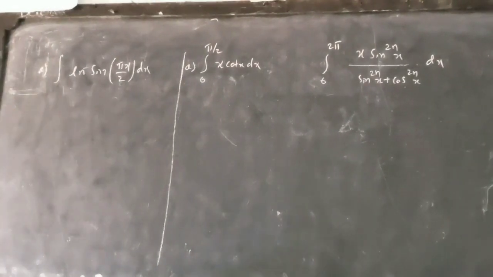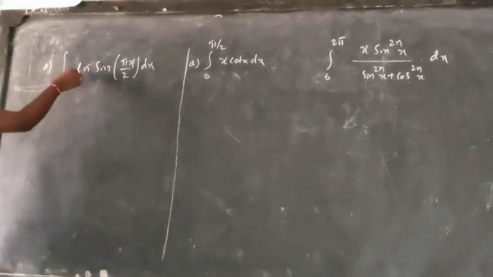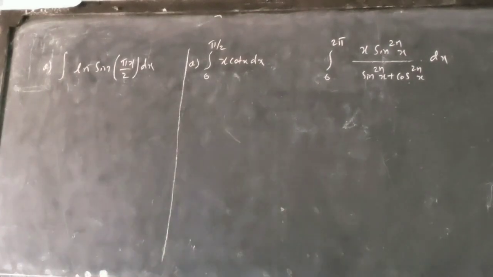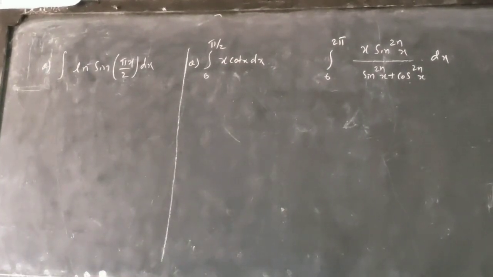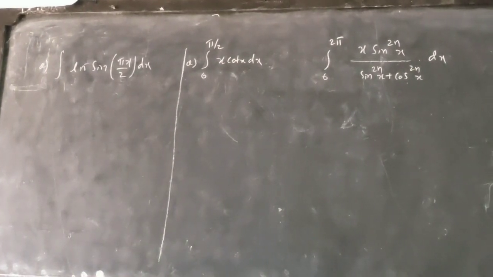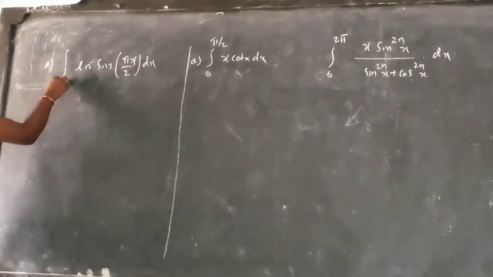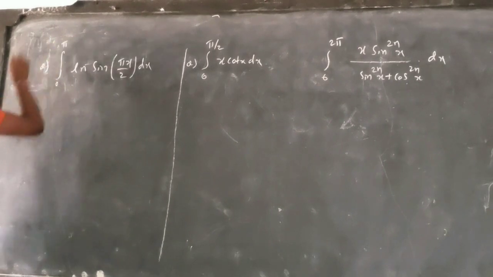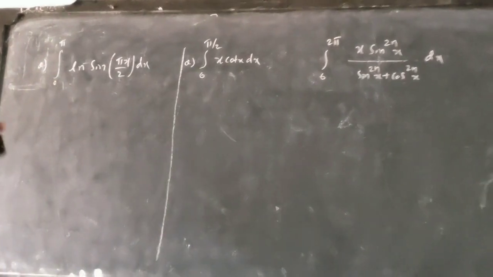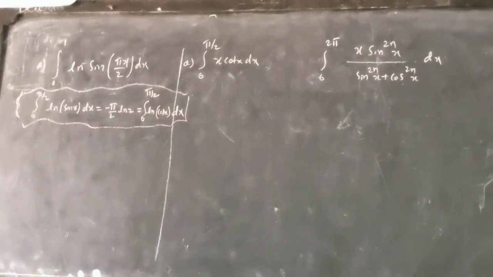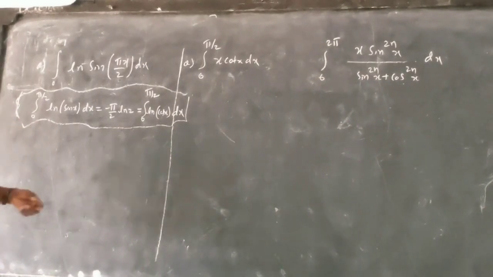Okay. Let's see here. Integration, you have ln sin pi by 2 x dx. Okay, I will check the question again. Integration 0 to pi by 2. I think I am not getting the limit here. Then see here, the previous question's result, what was that?